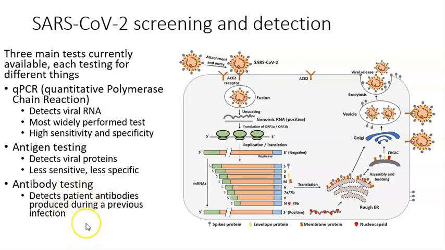Problems associated with this is, like with the antigen testing, we get some false positives. So some people come up positive on this test when they haven't had the virus. We also know that some people who've had the infection do not produce a strong enough antibody response, so we don't detect any antibodies, and that could be as high as 40 or 50% of infected people are antibody negative.